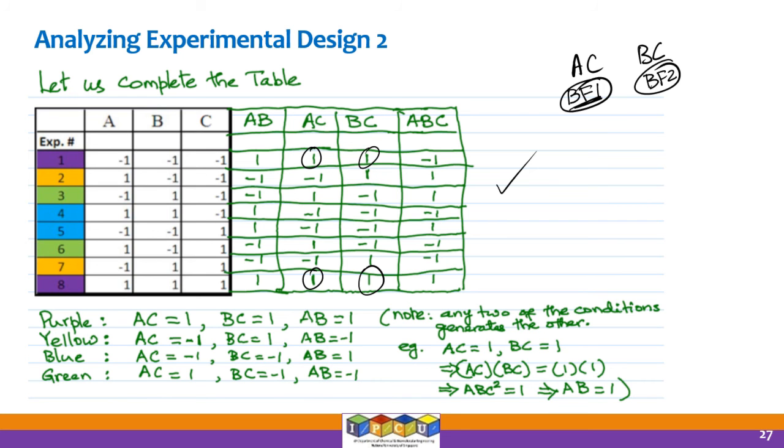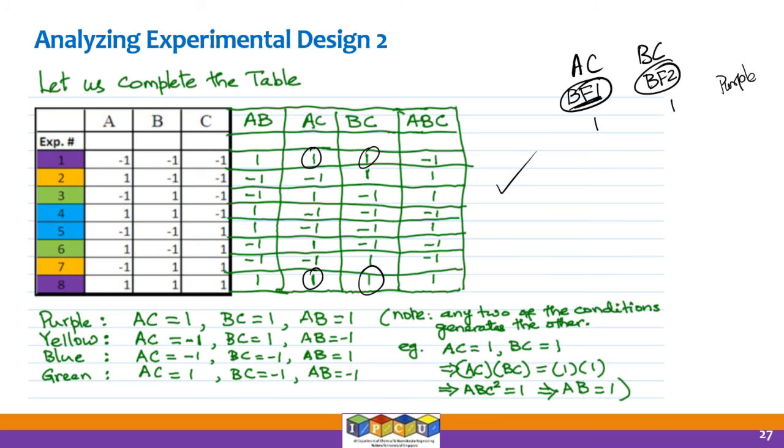So AC can take two values, -1 and +1. BC can take two values, -1 and +1. So there will be four combinations of AC and BC. If AC and BC are both equal to +1, it is purple, and we can call purple block 1 if you like.